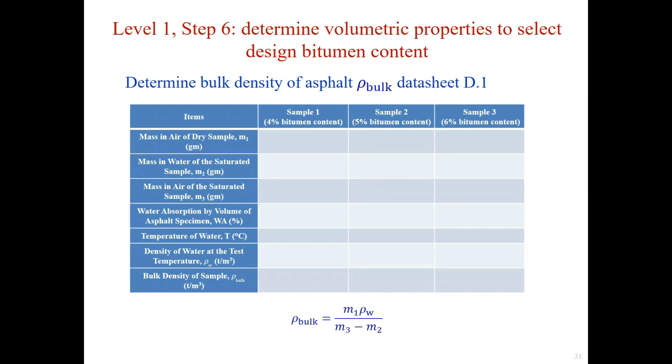Similarly, the bulk density of asphalt could be calculated based on the datasheet D1 and the formula below. Here M1 to M3 are the testing measurements in the table, and rho W is the density of water in terms of grams per cubic centimeter.